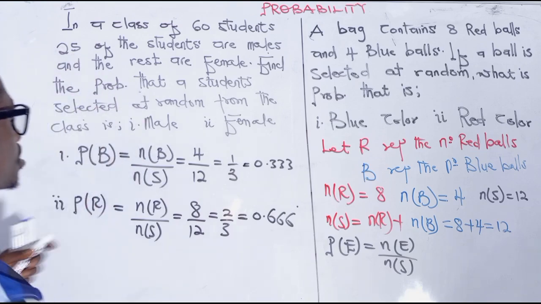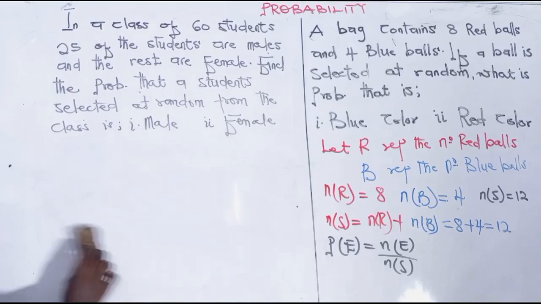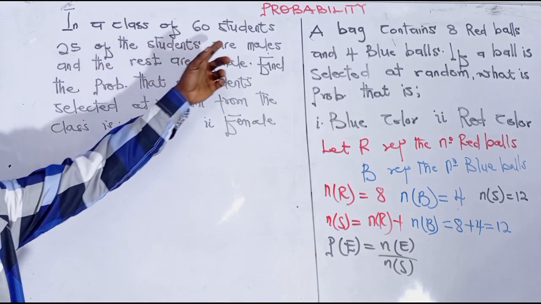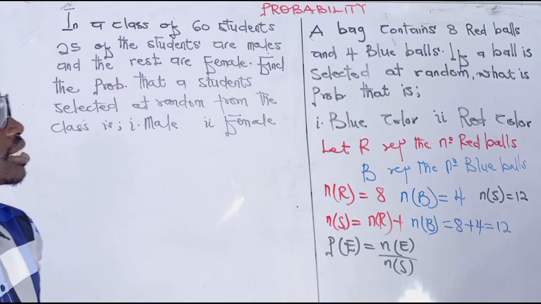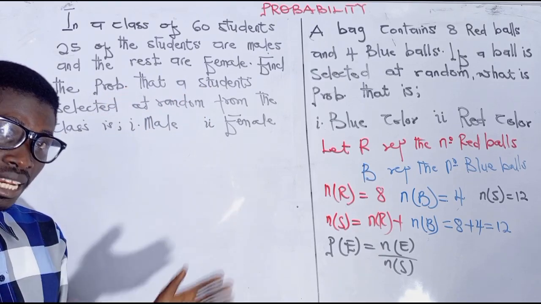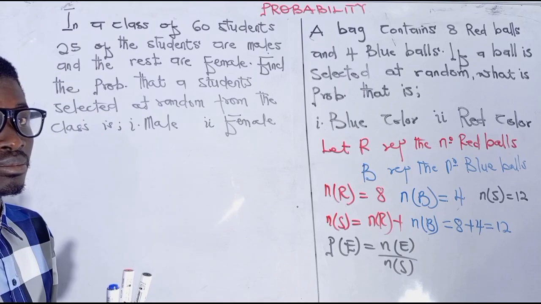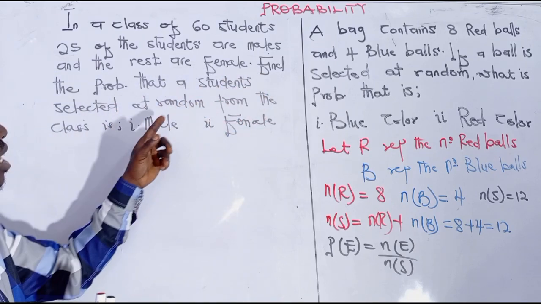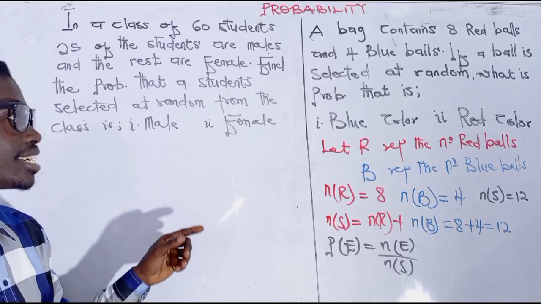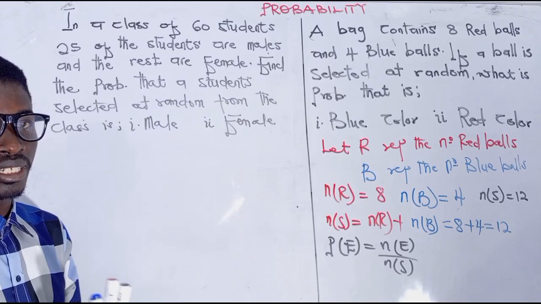Let's look at this particular one. In a class of 60 students, 25 of the students are males and the rest are female. We want to find the probability that a student selected at random from the class is a male student, and then a female student.